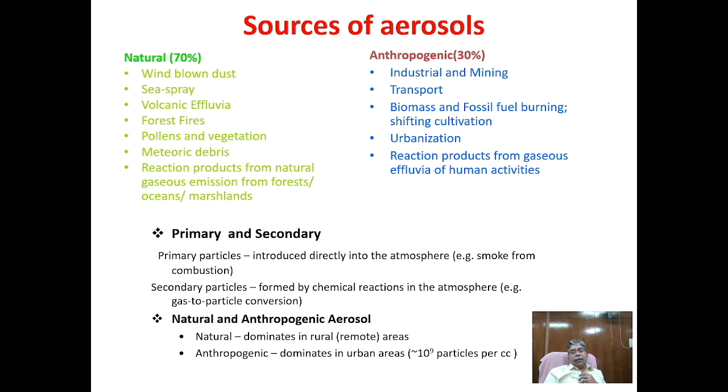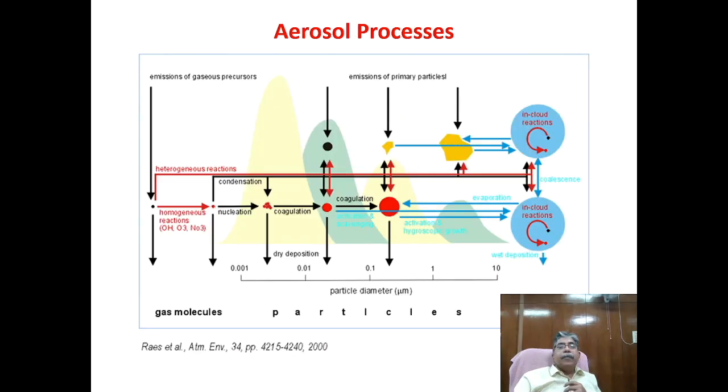Then, of course, there is another categorization of natural aerosols and anthropogenic aerosols that we have already seen. About 60 to 65% of aerosols are natural, but around 35 to 40% are sometimes of anthropogenic origin.